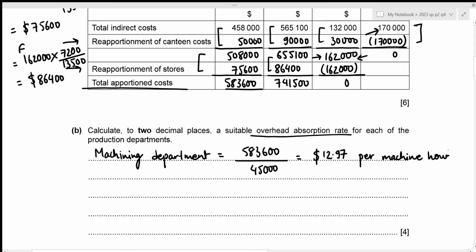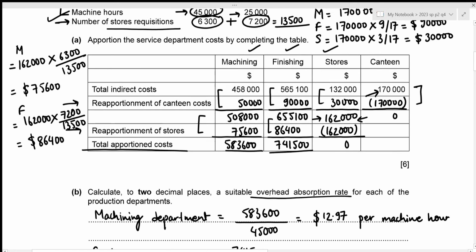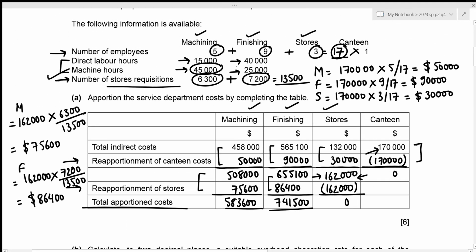Now let's repeat the same process for finishing department. Our total overhead is 741,500. And then we need to divide it by either our direct labor hours or machine hours. And in case of finishing department, we can see that direct labor hours has the higher number.